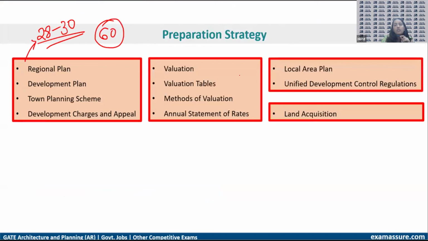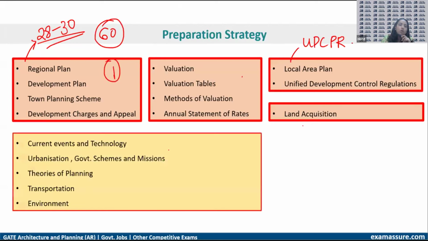Next in line is your valuation and UDCPR plus land acquisition. These are the priority topics that we will be covering one by one. Of course, the first priority is the MRTP Act, and then these. After that, we will be moving on to topics where you have either 4 or 3 questions from each of them.